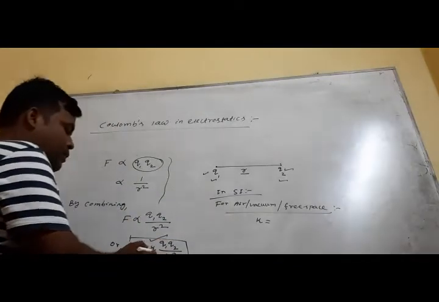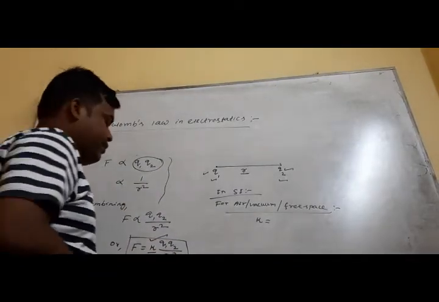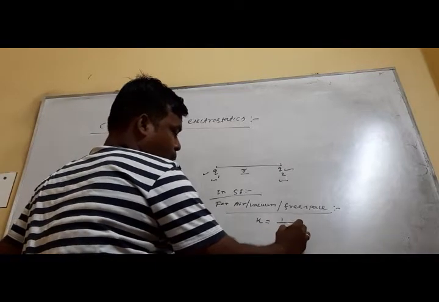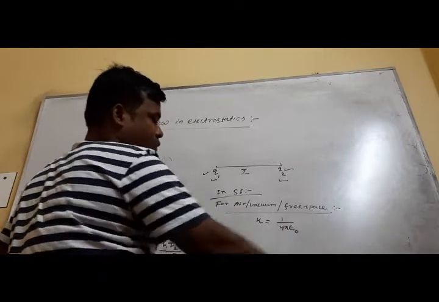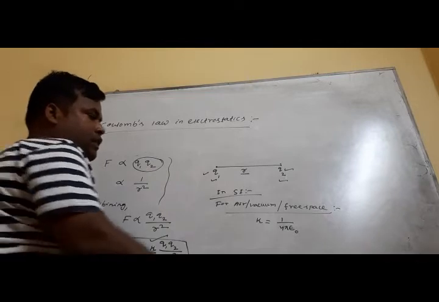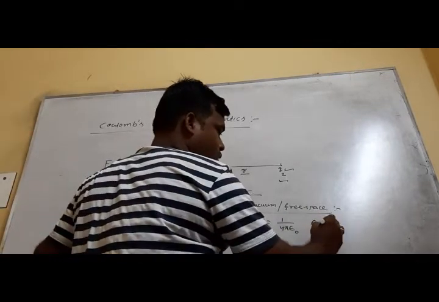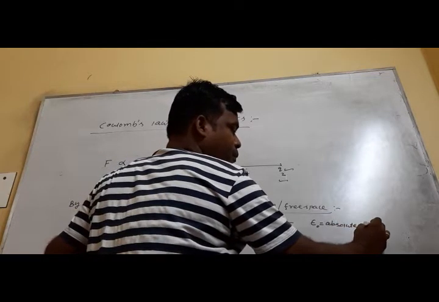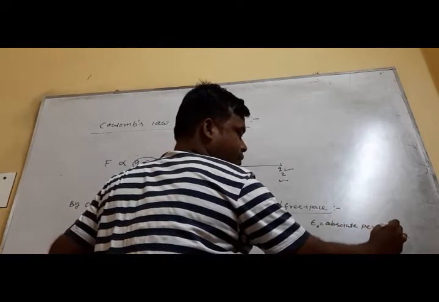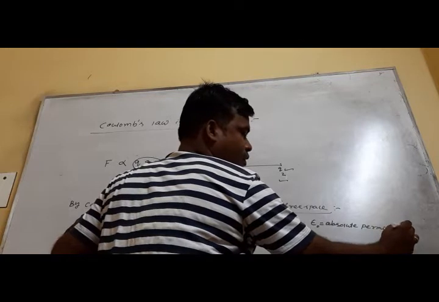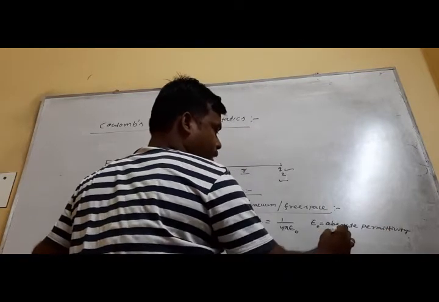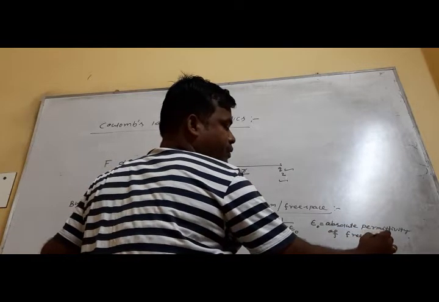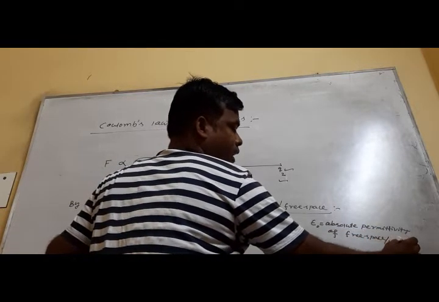Here the proportionality constant is small k. Small k is 1 by 4 pi epsilon 0. What is epsilon 0? Epsilon 0 is the absolute permittivity of free space or vacuum or air.